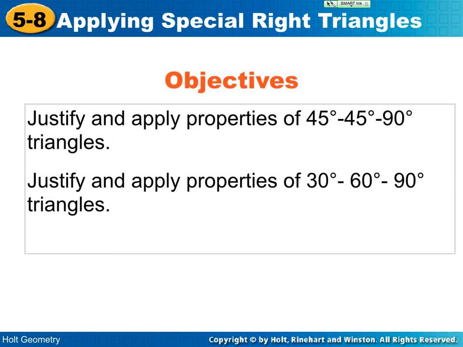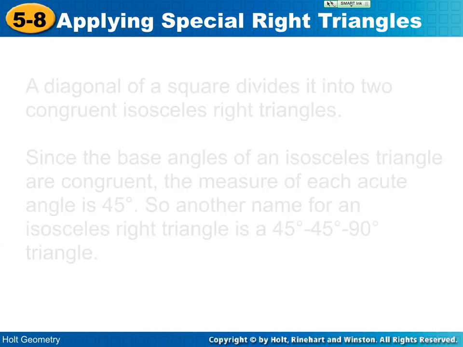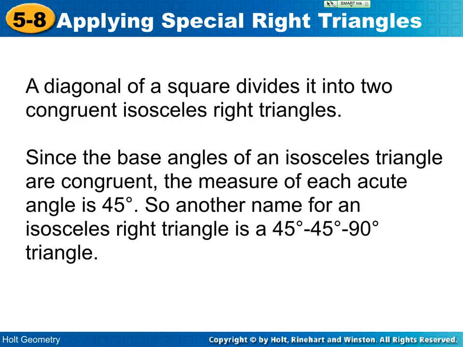It has a pattern as far as what the sides end up being. And one that has 30, 60, 90 degrees has a nice, convenient pattern for those sides. If we have right triangles that don't have those angles, we'll eventually get to the trig ratios of sine, cosine, and tangent and use those instead of the nice patterns. But these two have a pattern that you can use easily.